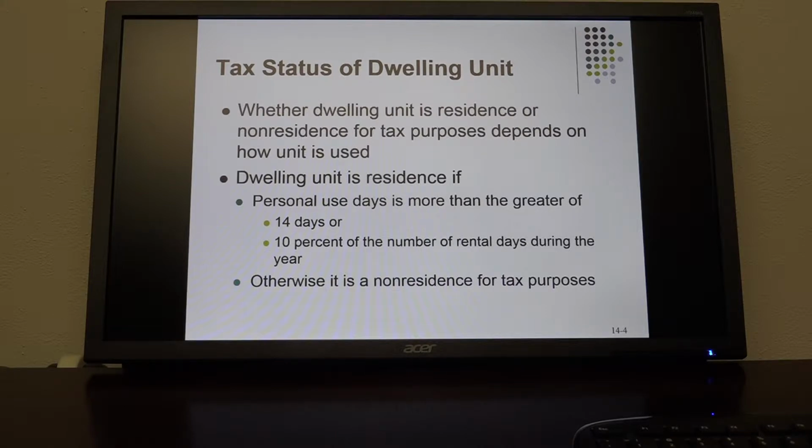If they don't live or use the dwelling unit for the requisite number of days required, then it's going to be considered a non-residence for tax purposes. And again, look at Exhibit 14-1 as to why that makes a difference.